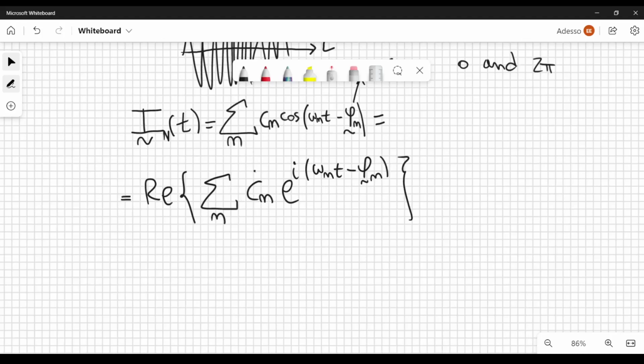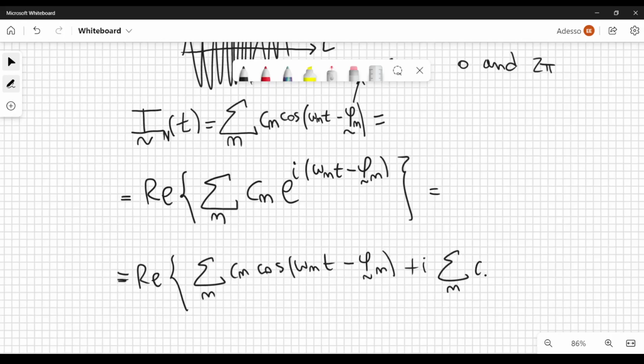Now, of course, these two are equal, because when I take the real part, I consider the real part of this complex exponential, which will give me the cosine. And this, of course, can also be written as the real part of the summation over n of c sub n cosine of omega sub n t minus phi sub n, plus i times the summation over n of c sub n sine of omega sub n t minus phi sub n, like this.